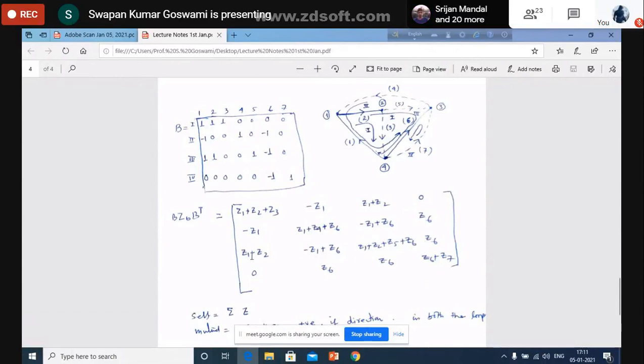Now considering loop 3 and loop 4, what is the common? Z6 is common. Loop 3 current is opposing the element current, loop 4 current is also opposing the element current, so it is positive Z6. All right, therefore here also it is positive Z6.